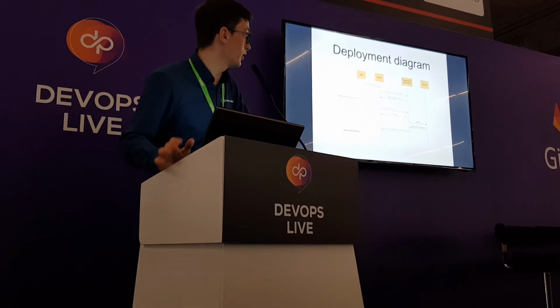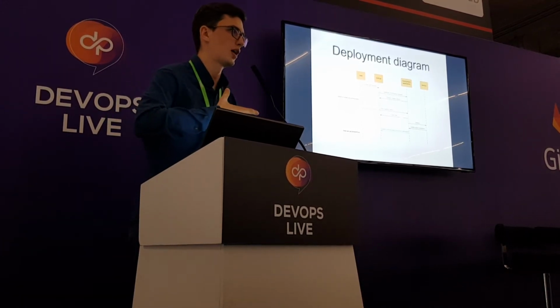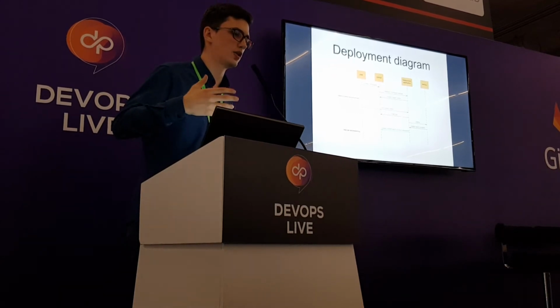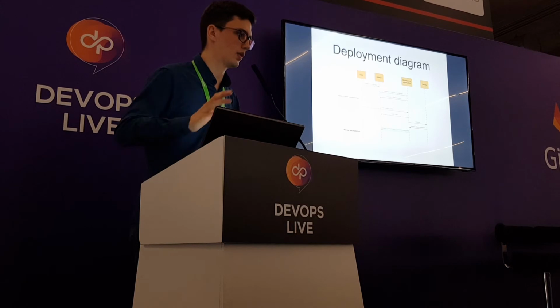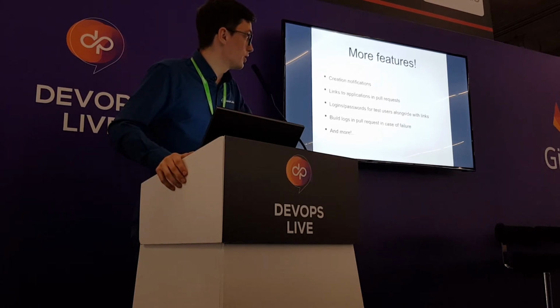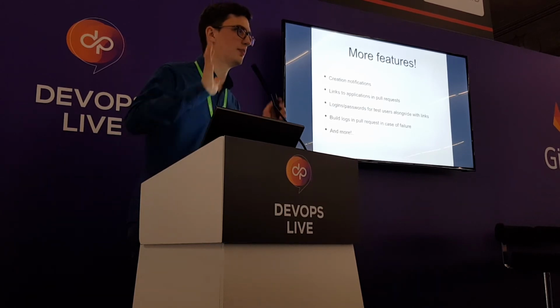So we built this application and started testing it, using it, to see how it fits our needs and how it suits our deployment system. And after using it, we noticed that we need more features besides this core functionality of only deployment.